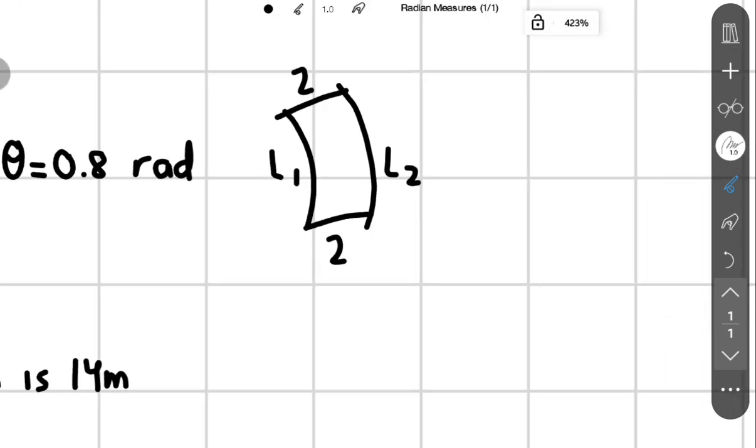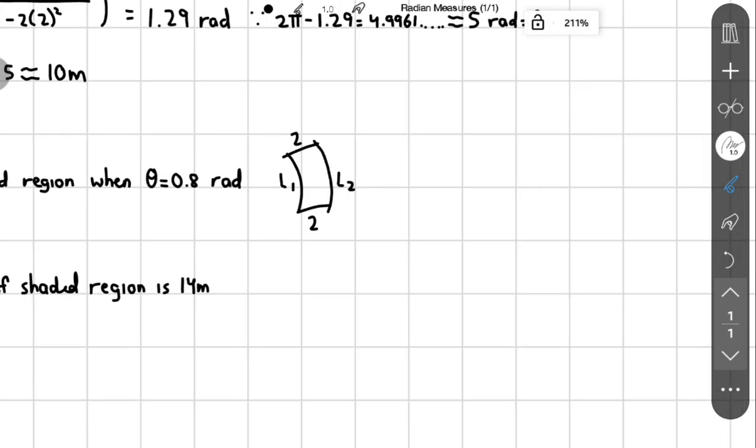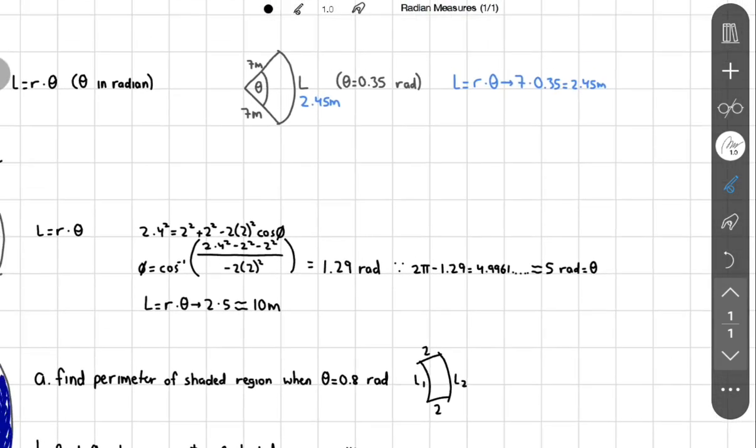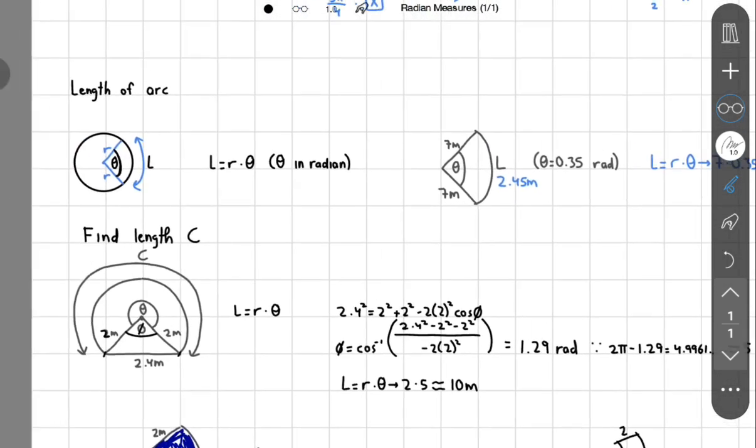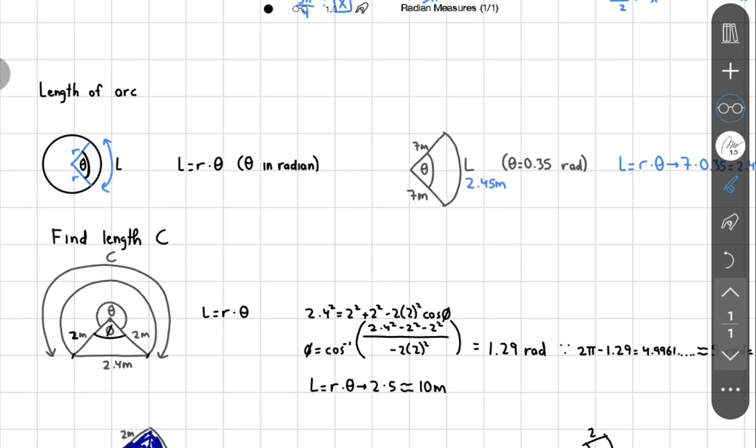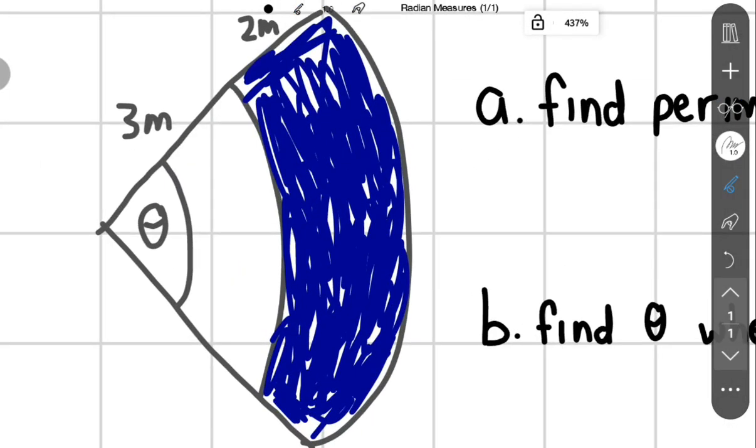The way we could find these arcs is, obviously, using the formula that we discussed before. The length of an arc is equal to the radius times theta. So in here, we have this arc, which is created by a radius of 3 meters, and the angle which is subtended is 0.8.